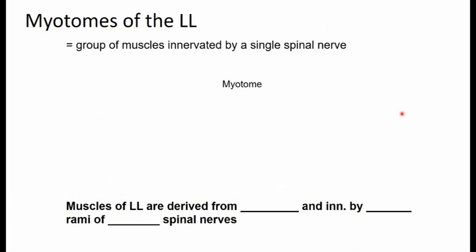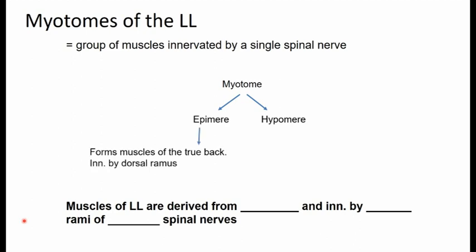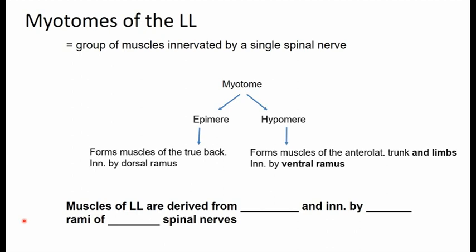Myotomes are the same concept but for skeletal muscle. So each spinal nerve was also allocated to innervate a particular group or block of muscles, and that's called the myotome. Each myotome split into epimere and hypomere, with the epimere forming the muscle of the true back and innervated by the dorsal ramus of that spinal nerve, whilst the hypomere formed the muscle of the anterolateral trunk and the limbs, and were innervated by the ventral ramus of that particular spinal nerve.